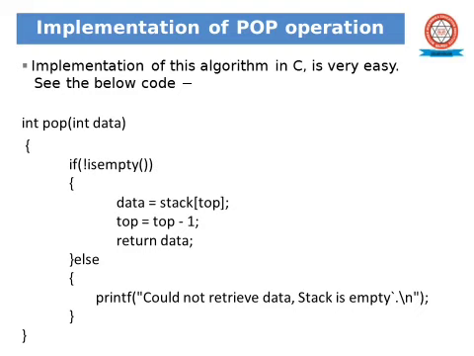The condition is if not isempty, meaning if stack is not empty, then data = stack[top], meaning access the data element at which top is pointing. Next, top = top - 1, meaning decrease the value of top by 1, and return data. If stack is empty, then the else part, meaning we print "Could not retrieve data, stack is empty."